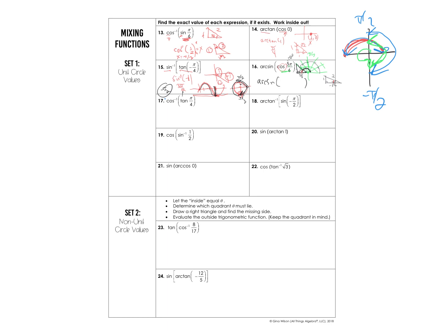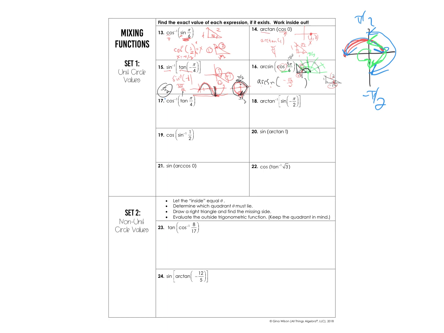Cosine is adjacent over hypotenuse. And the adjacent's negative. So that is a negative square root of 3 over 2. So now I have to talk about arc sine of a negative square root of 3 over 2.